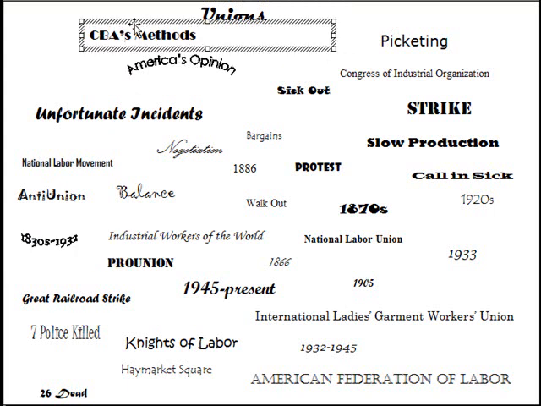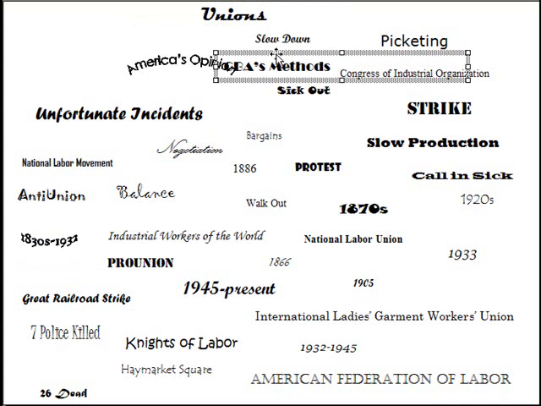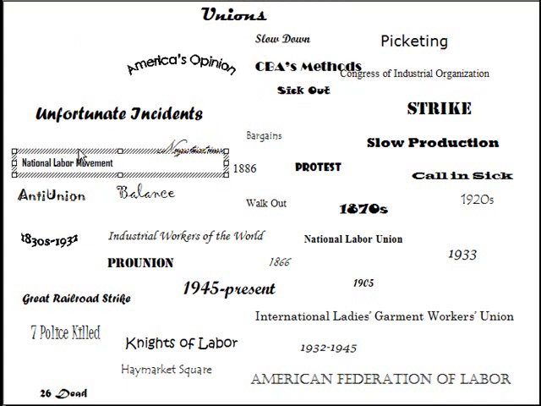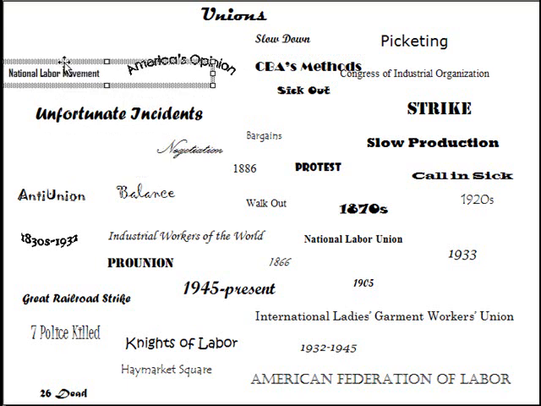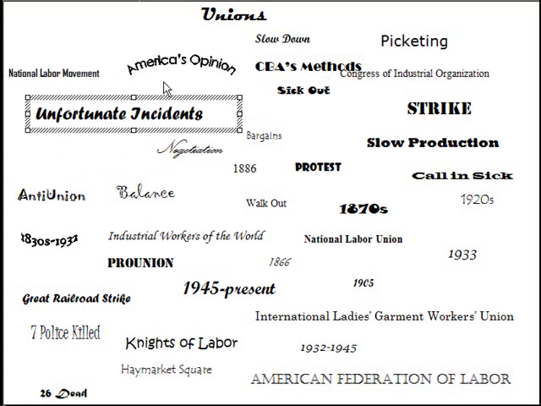Another one would be CBA's method or methods. As we look on a little further, we could see something called the National Labor Movement. And then, of course, the last thing I think we could peruse for would be unfortunate incidents. That would be our 4th subtitle.